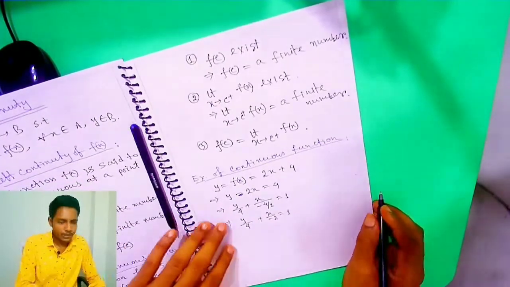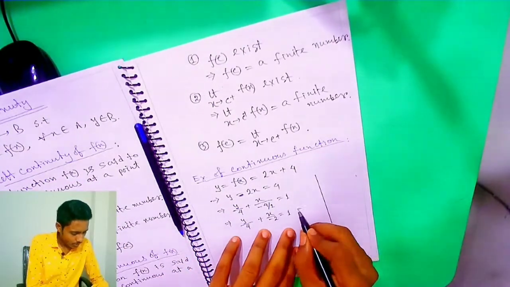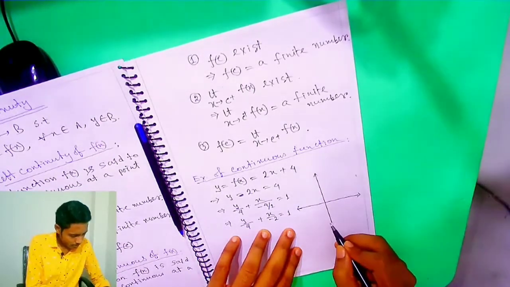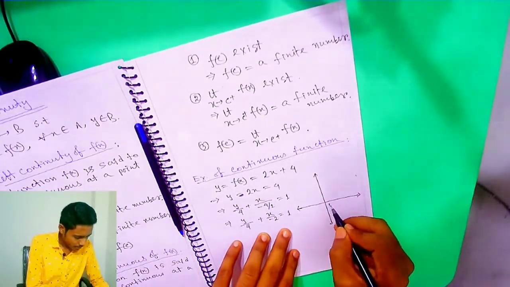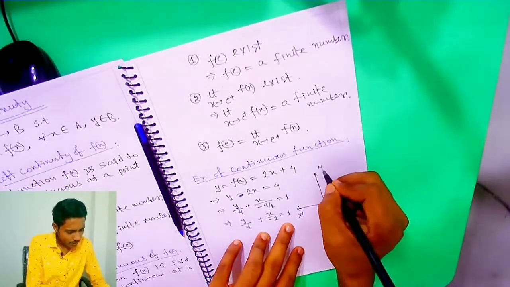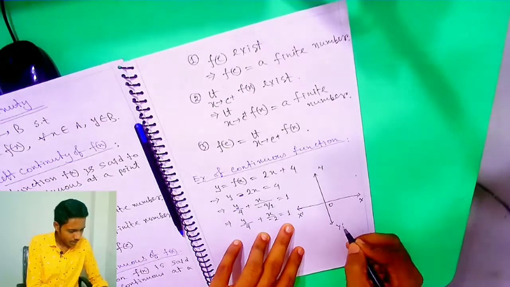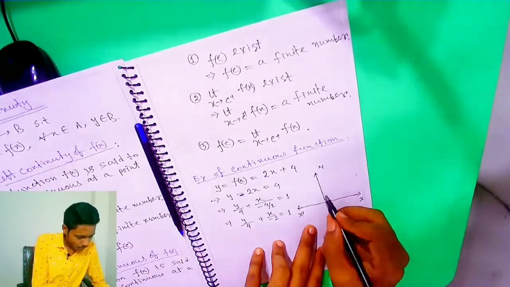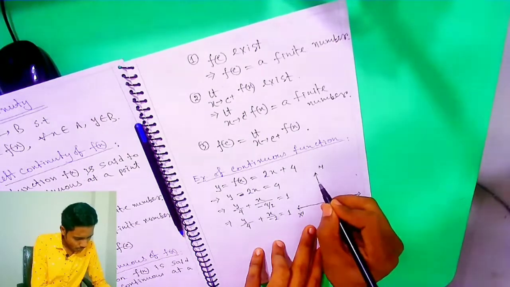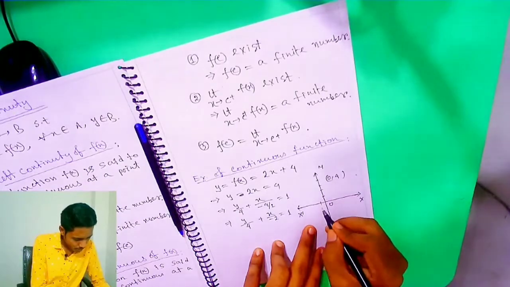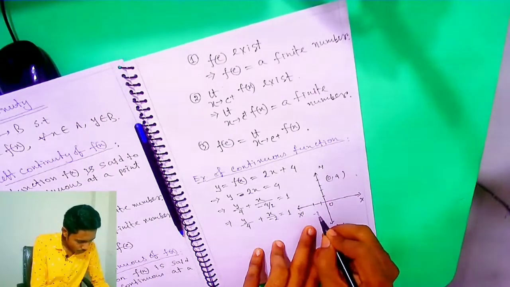If we plot this graph in 2D Cartesian coordinates, this is X'OX and this is Y'. Then this straight line will intersect the coordinate axes at the point (0, 4) and the point (minus 2, 0).